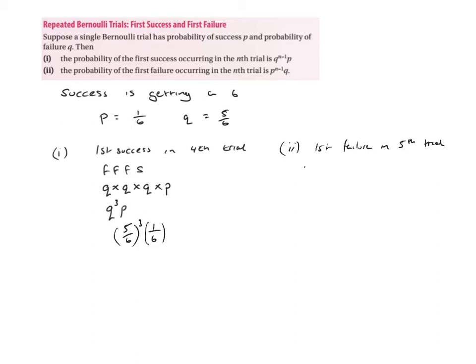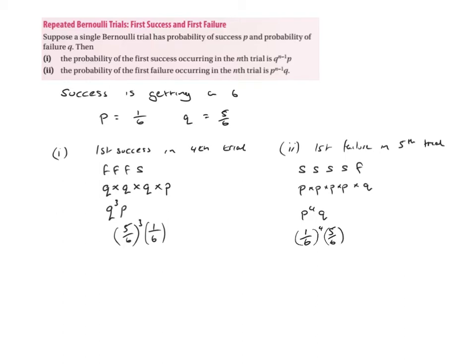That means we're going to get a success, a success, a success, a success, then a failure, which means we're going to get P by P by P by P by Q. Hopefully you can see then we're going to get P to the power of 4 times Q. Again, it's P to the n minus 1, my number of trials was 5, so P to the n minus 1 is 4, and then Q. So the probability of the first failure occurring in the 5th trial is going to be equal to 1/6 to the power of 4 multiplied by the failure, which is 5/6 in this case.